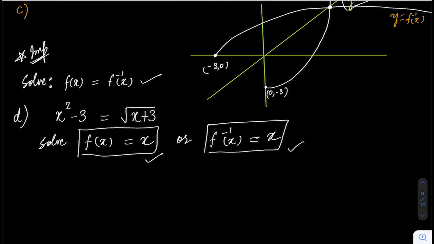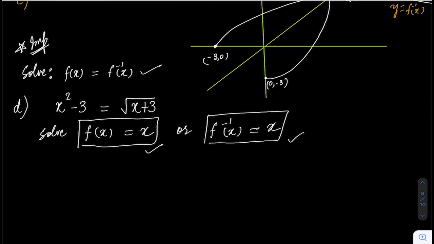Okay, so let's try to solve this now. Let's try to solve f(x) equal to x. So what is my f(x)? x square minus 3. So let's try to solve this. This will be a quadratic: x square minus x minus 3 equals 0. If you solve this using the quadratic formula, I don't think you can have factors.